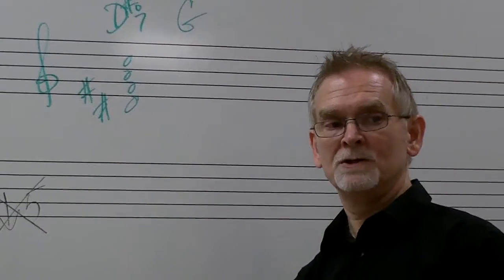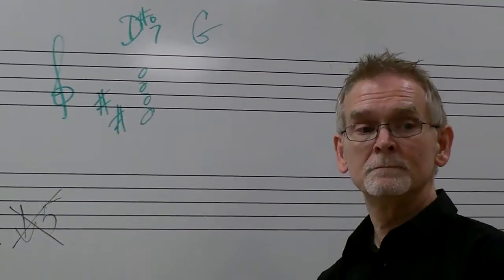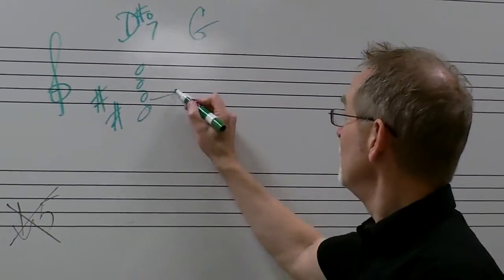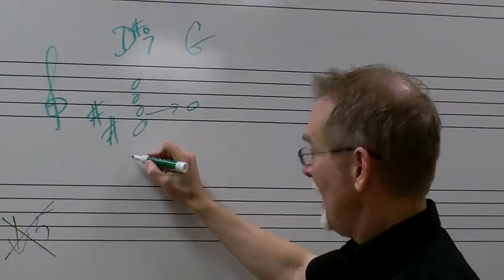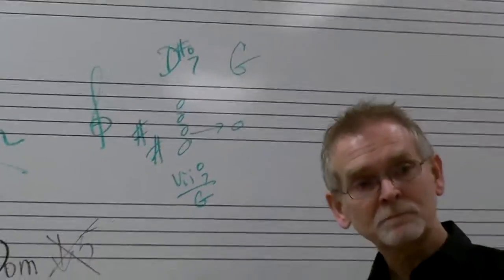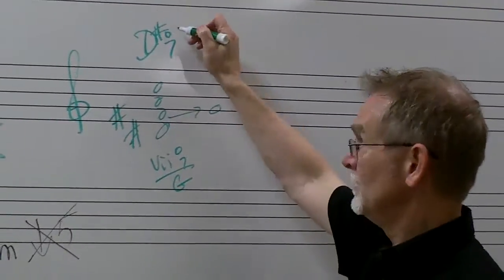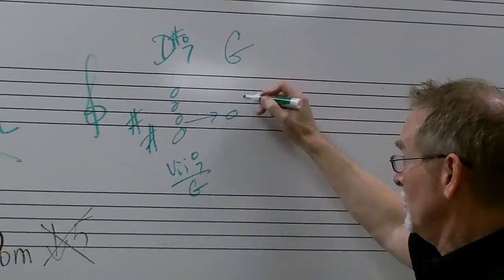Could it be enharmonic interpretation? The F sharp resolves to the G, right? So it's behaving like a diminished 7 of G, even though it's spelled that way. How would that resolve? It'd go to a G chord.